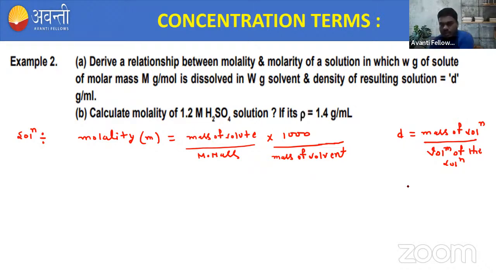So how will you proceed? For the mass of the solvent, first of all, we need to calculate mass of the solution from this formula. So mass of the solution is nothing but density into volume.